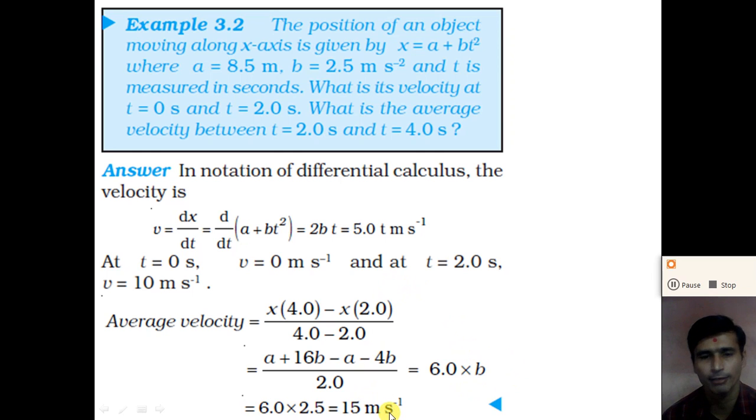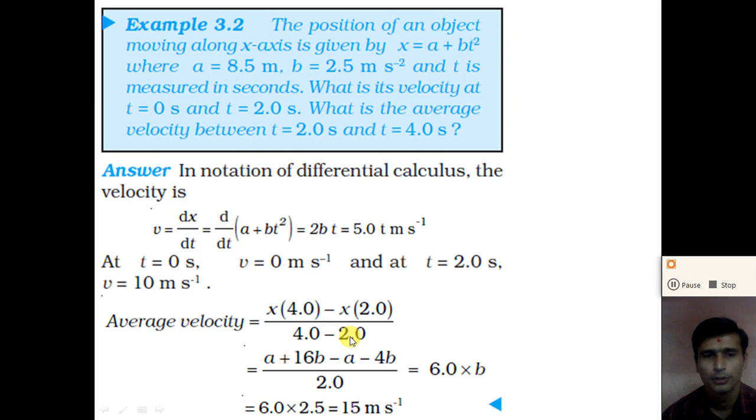So we can calculate the average velocity between t equal to 2 second and t equal to 4 second by the change in position divided by the time interval: x4 minus x2 divided by 4 minus 2. x4 is the position at time t equal to 4 second, x2 is the position at time t equal to 2 second.